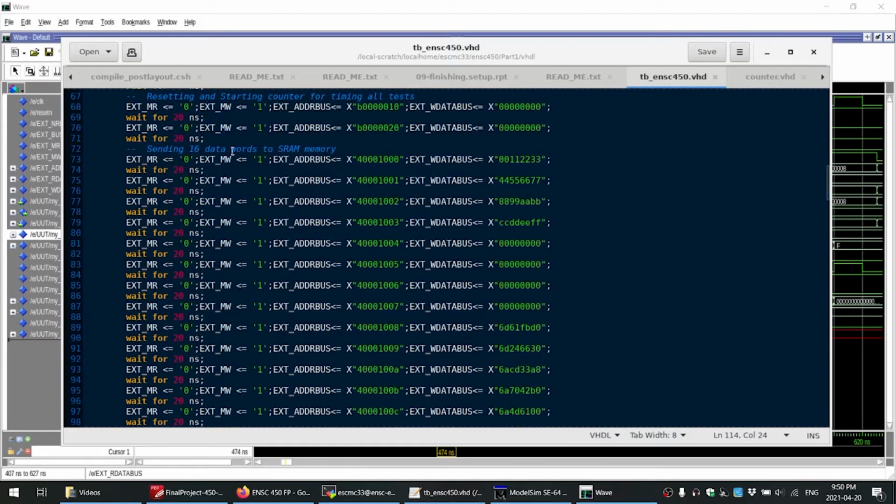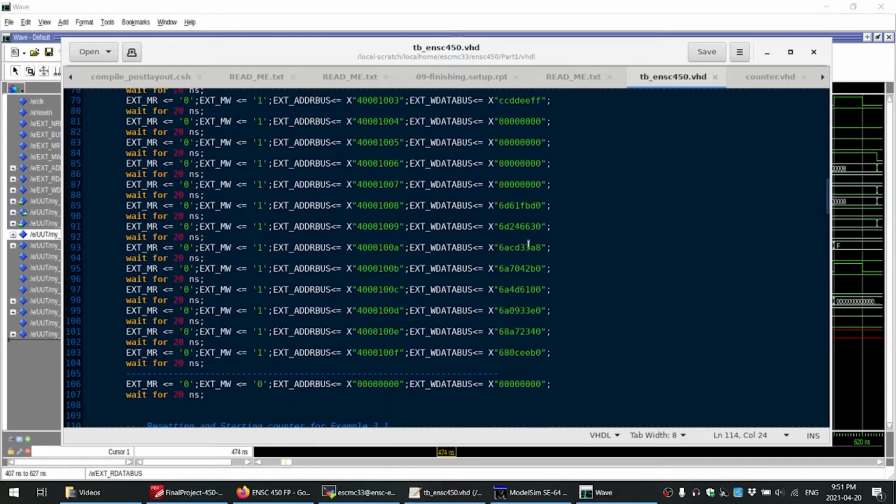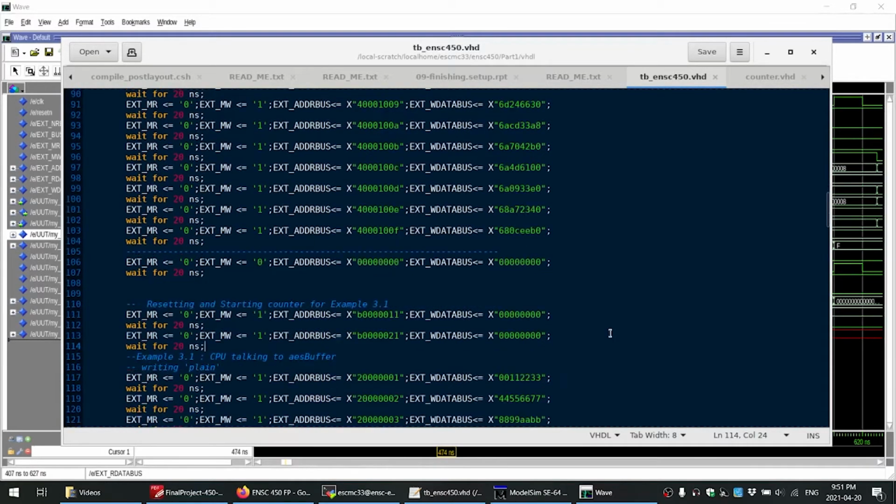Then we have 16 write commands to the SRAM, where in the first 8 32-bit packets, we're writing the plain text and the key that's going to be used as inputs to our AES encryption core. The first 4 packets are going to be the plain text. The next 4 are going to be the key. Then we write 8 more packets of just filler data to the SRAM.